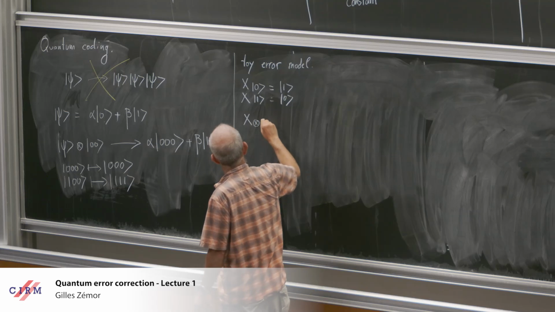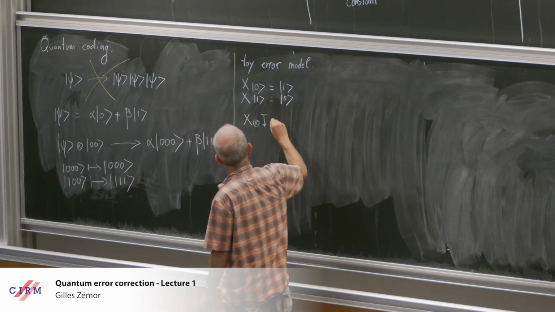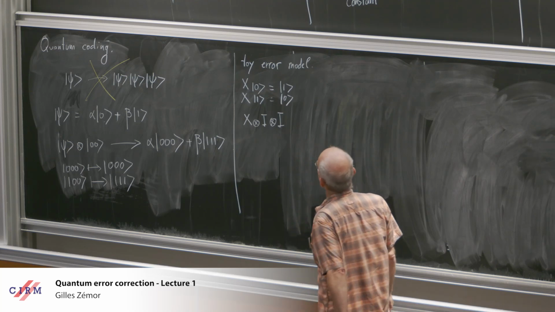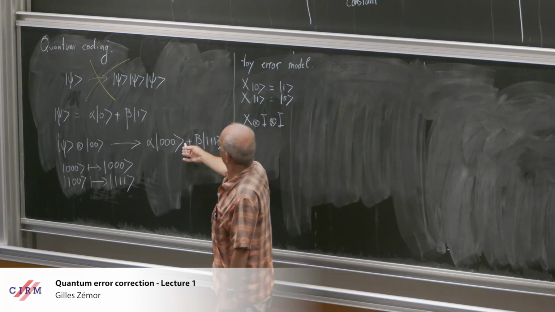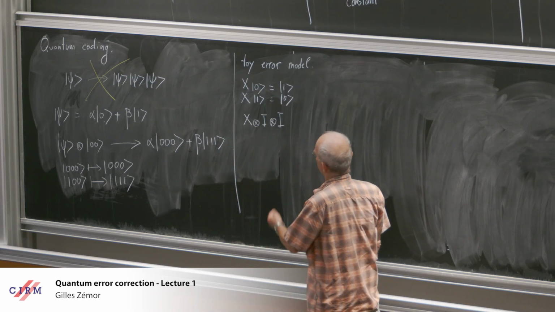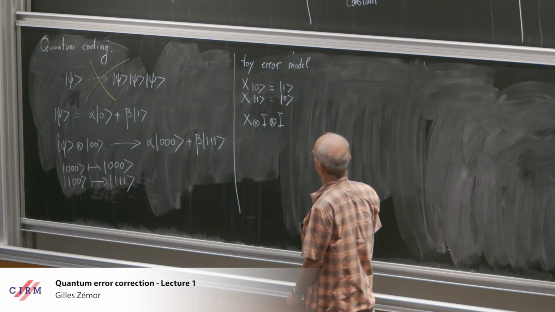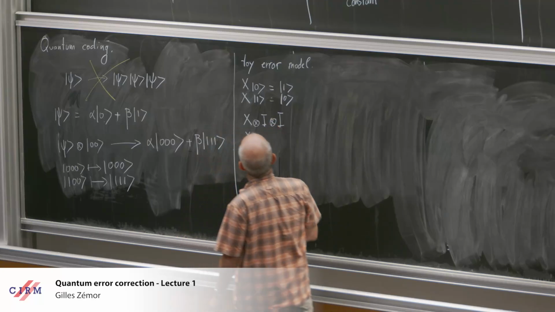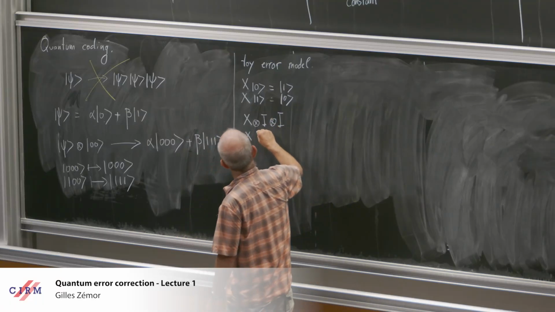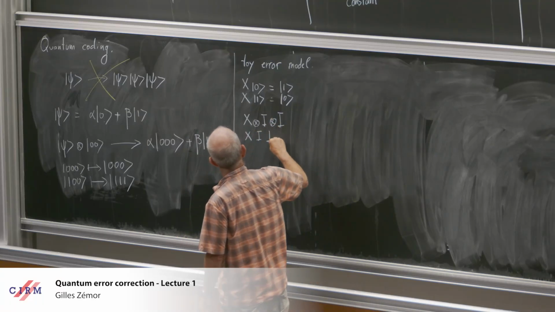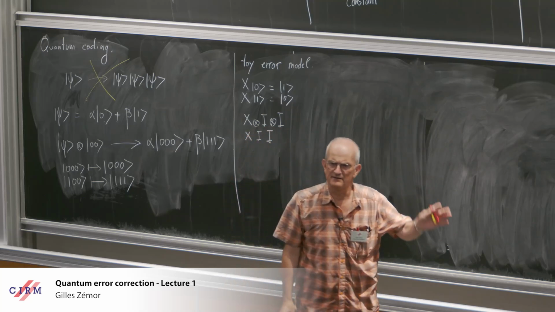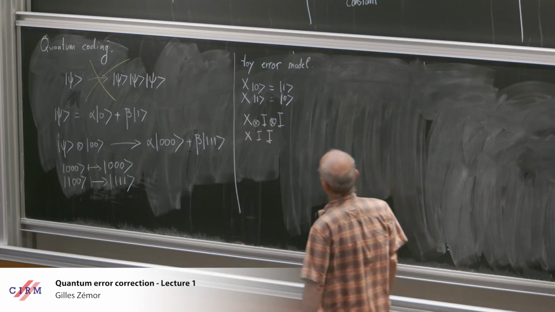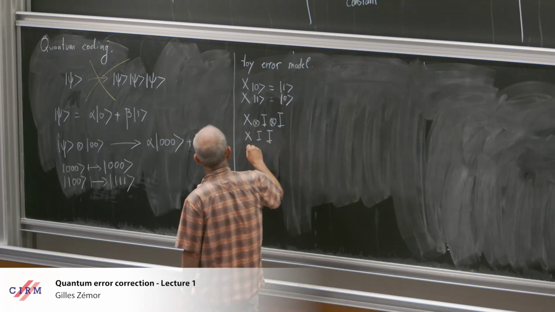So suppose you have this operator acting on our qubit, so just an X on the first qubit and nothing on the other qubits. And allow me to write this in a lighter form, so I don't write these tensor products all the time. I'll just write X, identity, identity.